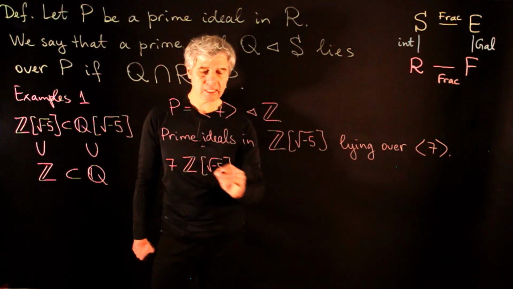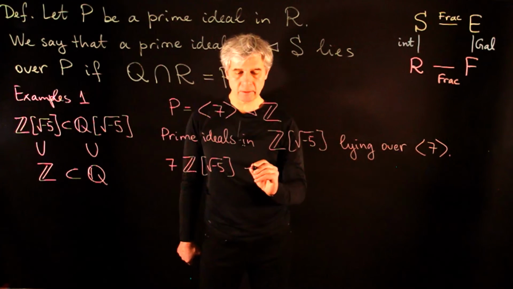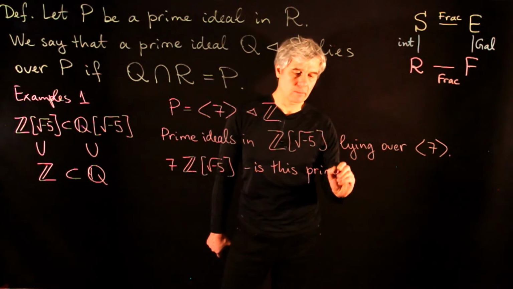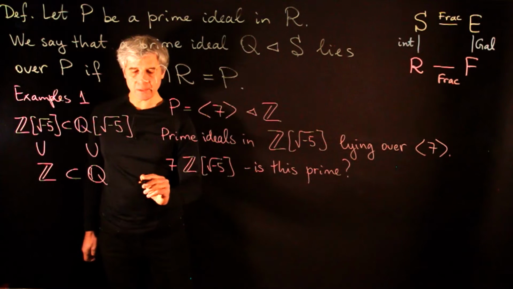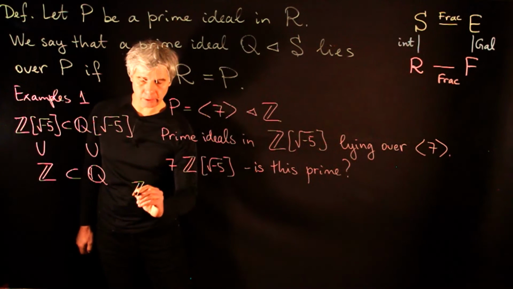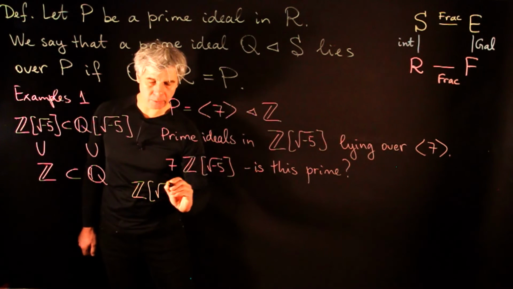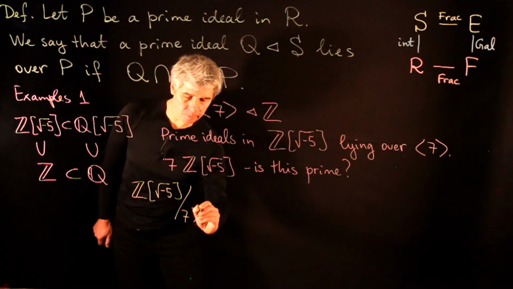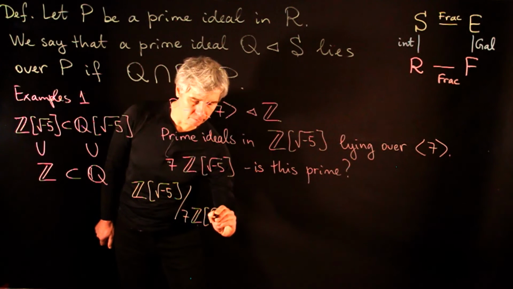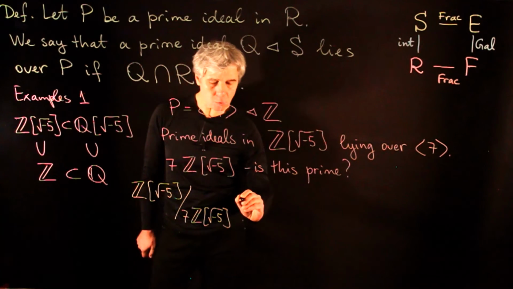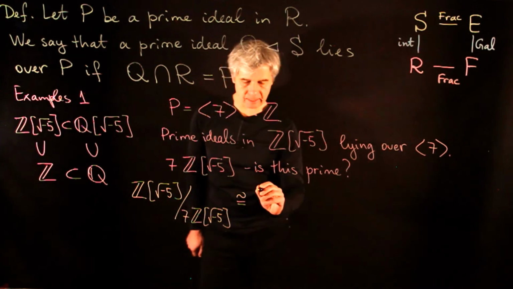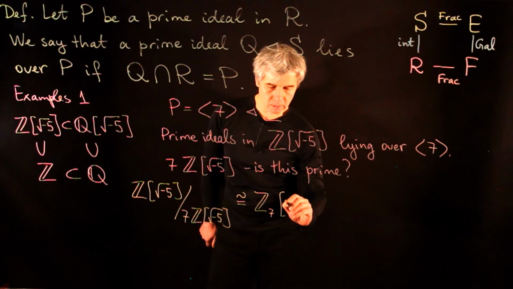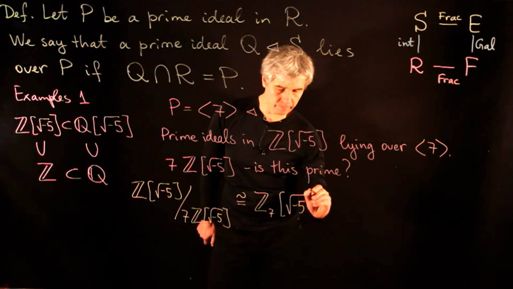Now, let's try to understand: is this ideal prime? To answer this question, we have to consider the quotient of Z[sqrt(-5)] by 7 times the same ring. Now, this quotient is the same as Z_7 adjoin square root of -5.